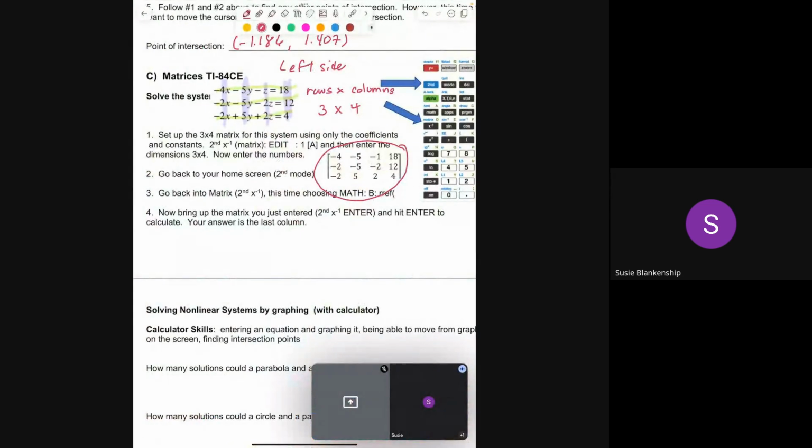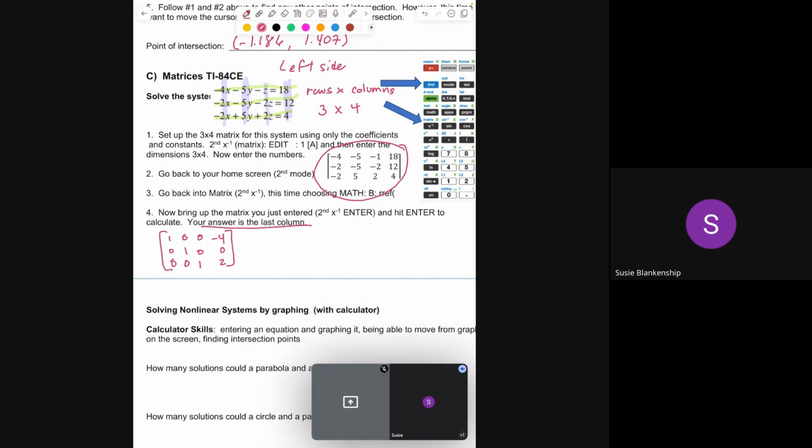Okay. So this is what you have on your computers, on your calculator. Calculator is a little mini computer. Okay. So it tells on here your answer is in the last column, but I want to make sure you understand it.